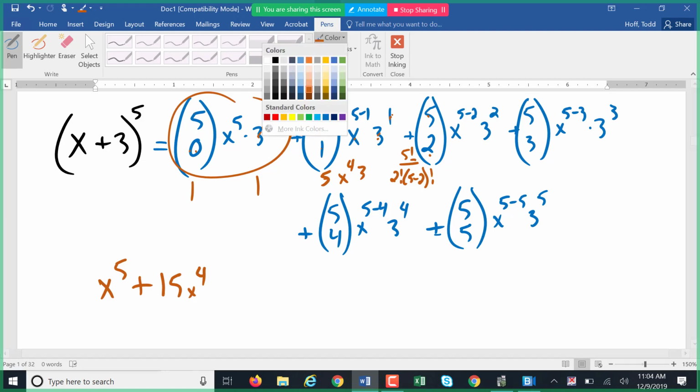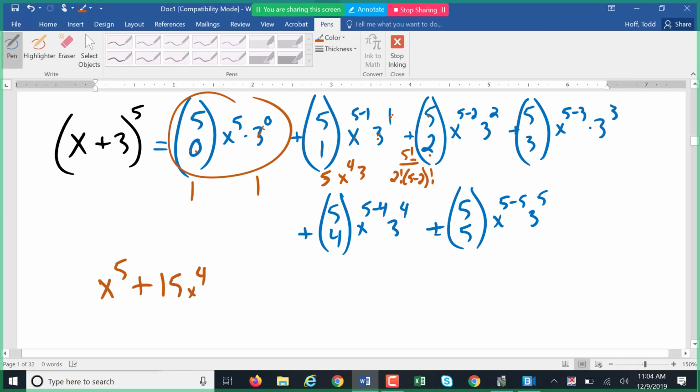Let me write that off to the side here. 5 factorial over 2 factorial, 5 minus 2 is 3 factorial. Well, the 5 times 4, the 3 factorial on down is canceled out by the 3 factorial, divided by 2 times 1. 5 times 4 is 20, 2 times 1 is 2, 20 divided by 2 is 10. So that's going to be a 10.